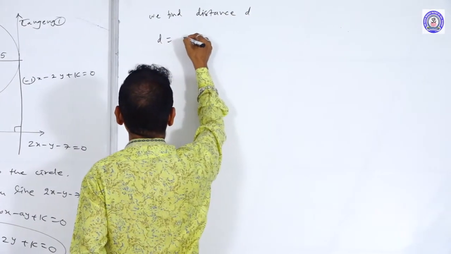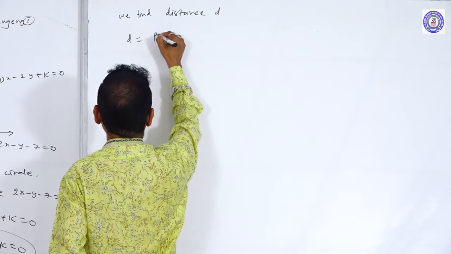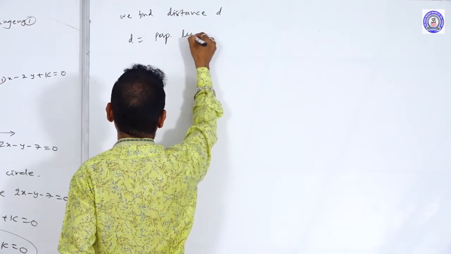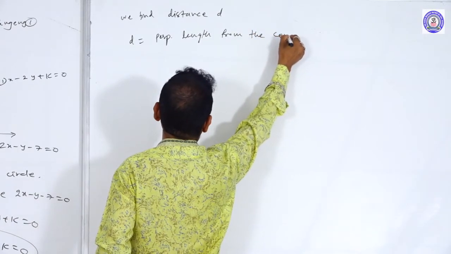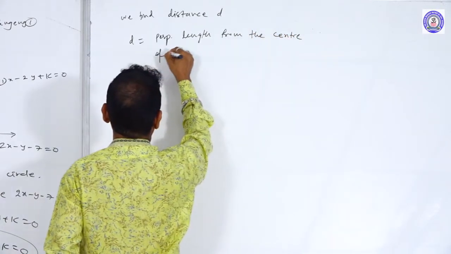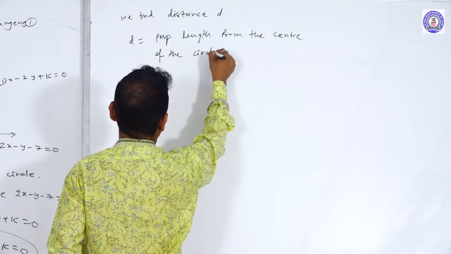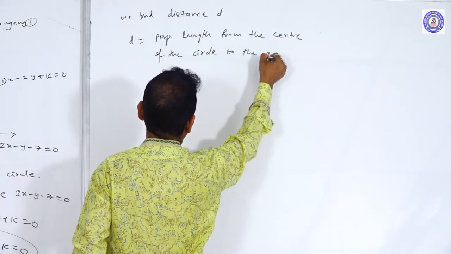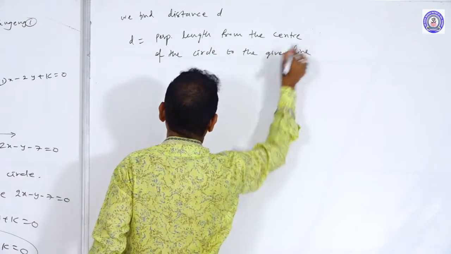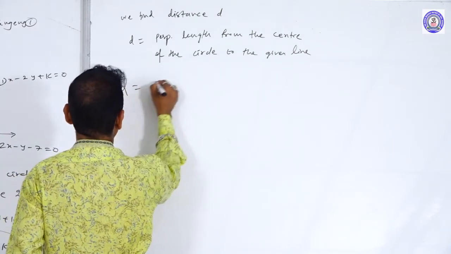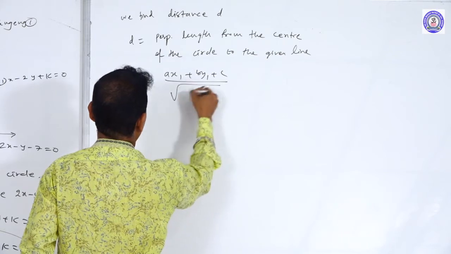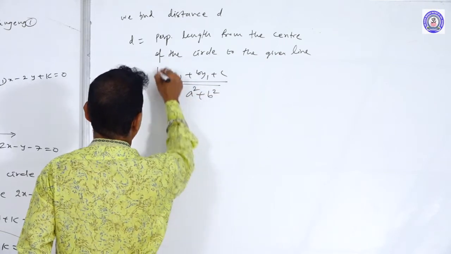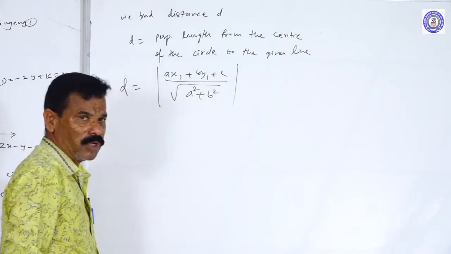D is equal to the perpendicular length from the center of the circle to the given line. So d = |ax1 + by1 + c| / √(a² + b²). This is the distance principle.